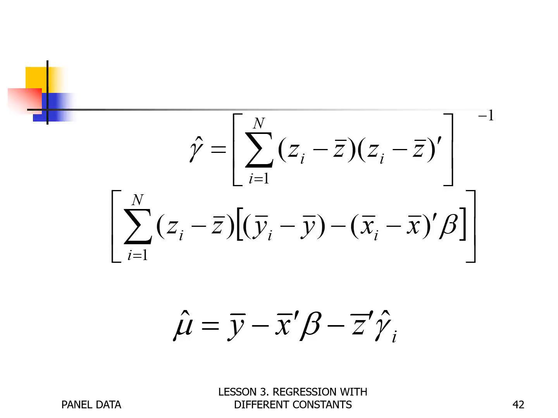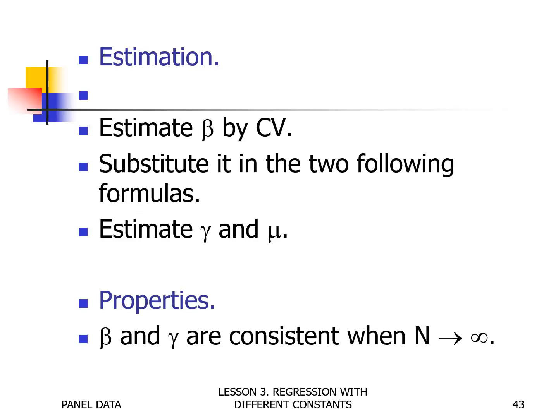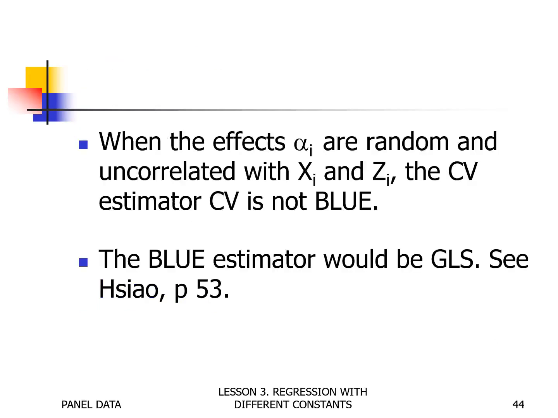Those things are done automatically. The basic idea that Stata does is estimate by covariance and then substitute in the formulas to estimate gammas and mu's. But again, those are not necessarily important for your applications.